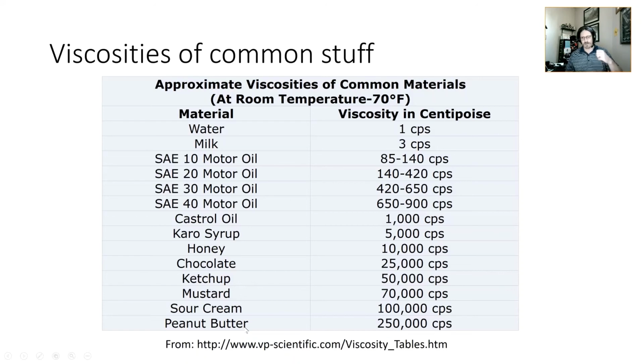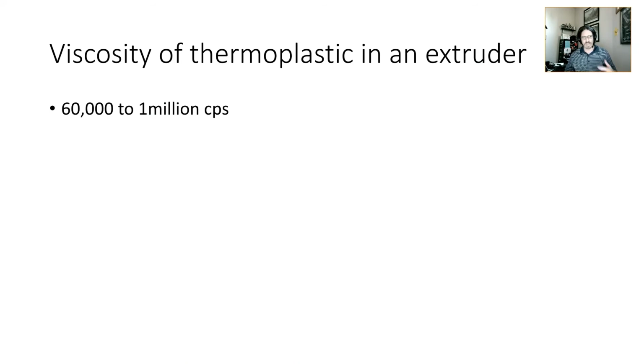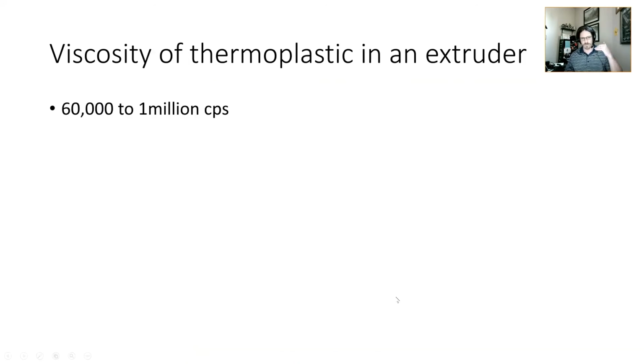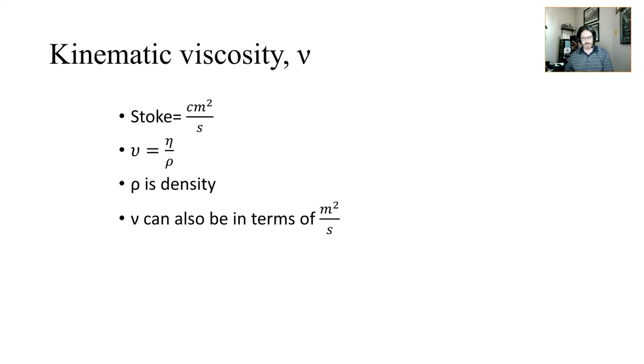When we're doing thermoplastic extrusion, I put it on this next slide. We can be in a similar range, but they can go all the way up to 1,000,000 CPS. In my lab, I don't think I do anything much higher than peanut butter in terms of viscosity.